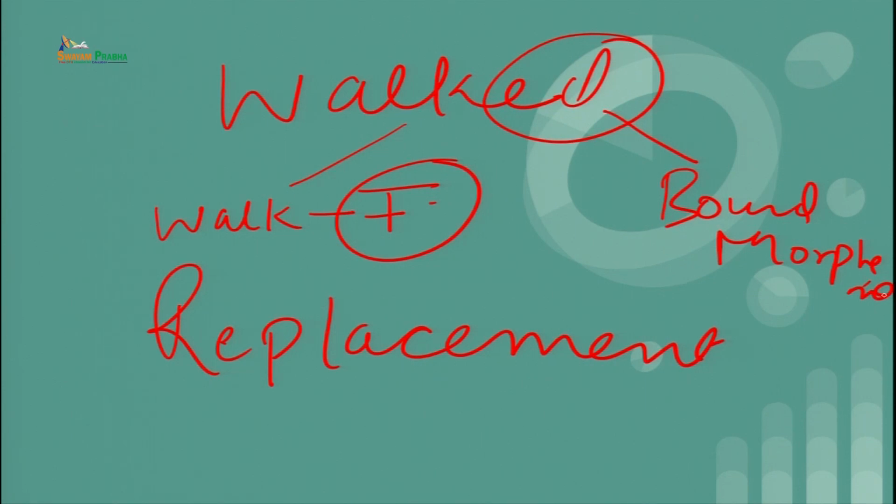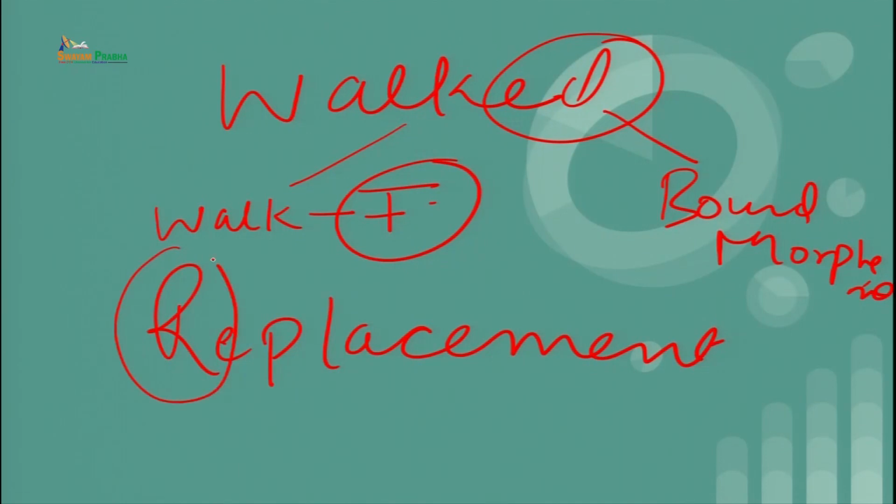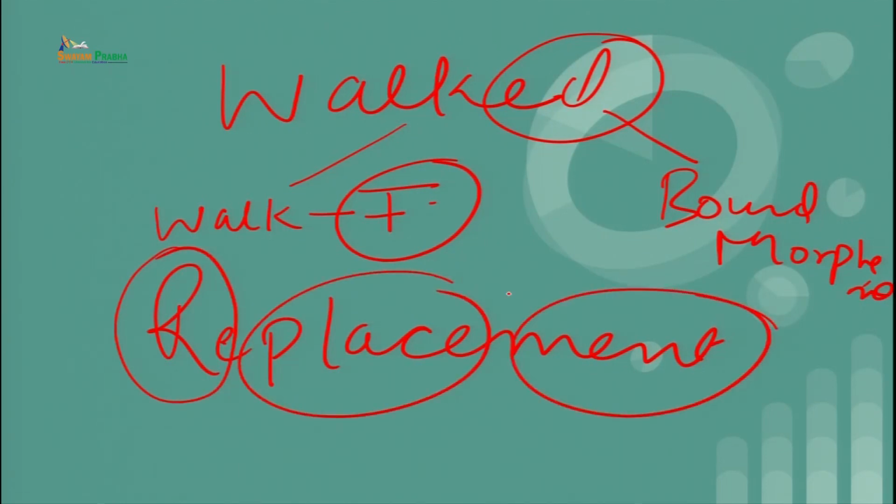In the same way, we will try to find out the construction of "replacement". In the same word you find so many morphemes. These are "re", "place", and "ment" as well.